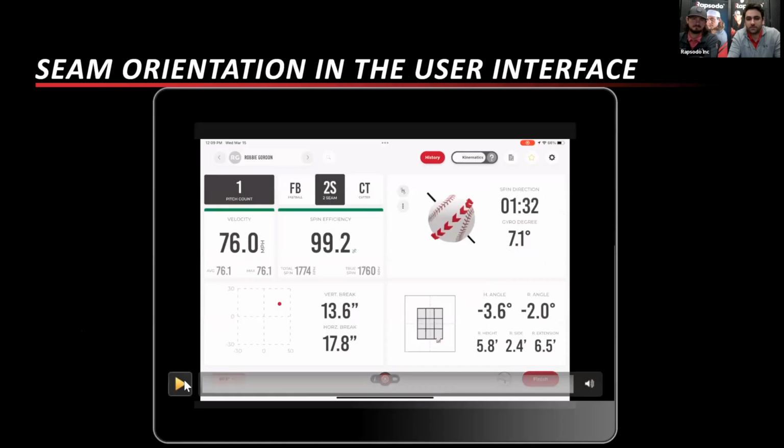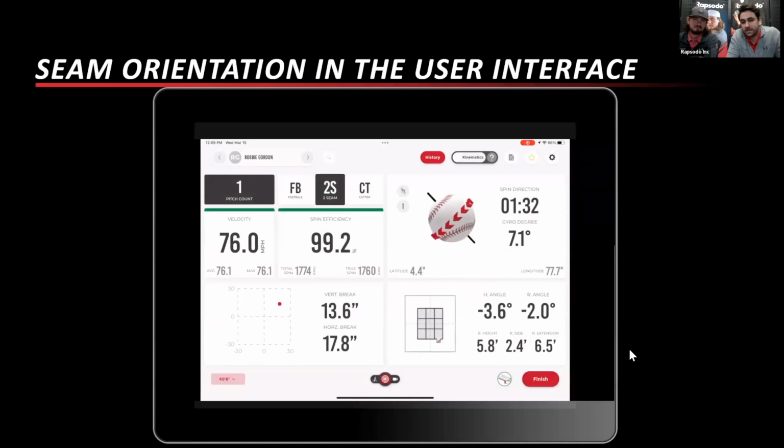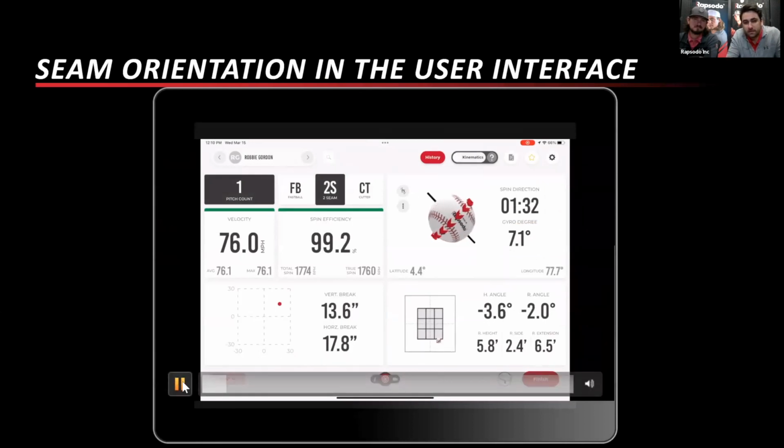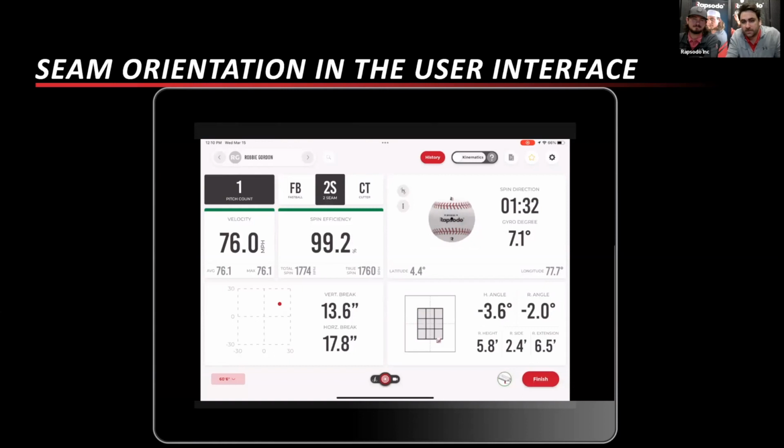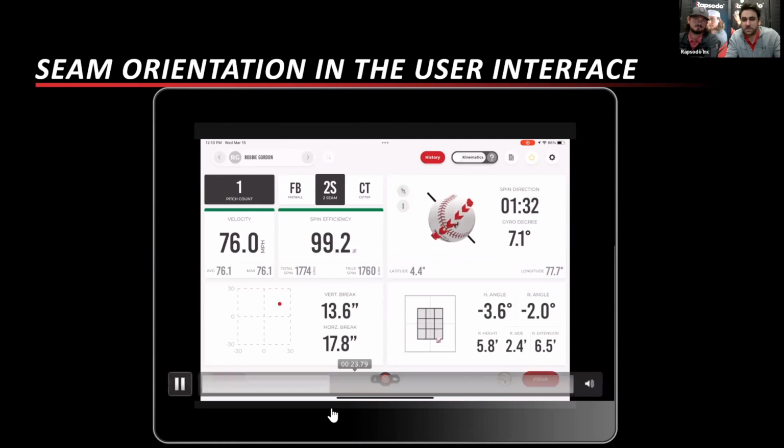So we'll get back here and we'll run this little video. The ball's spinning, and you can see right there the latitude and longitude coordinates pop up. And then we're going to go through the animation here shortly. There we go. It takes it back to the origin, rotates to longitude, the latitude, the spin direction, and then the gyro degree. And then it starts spinning again.